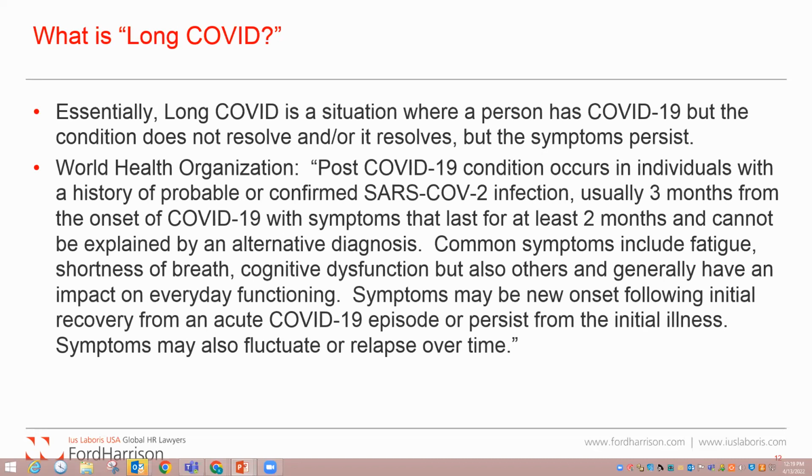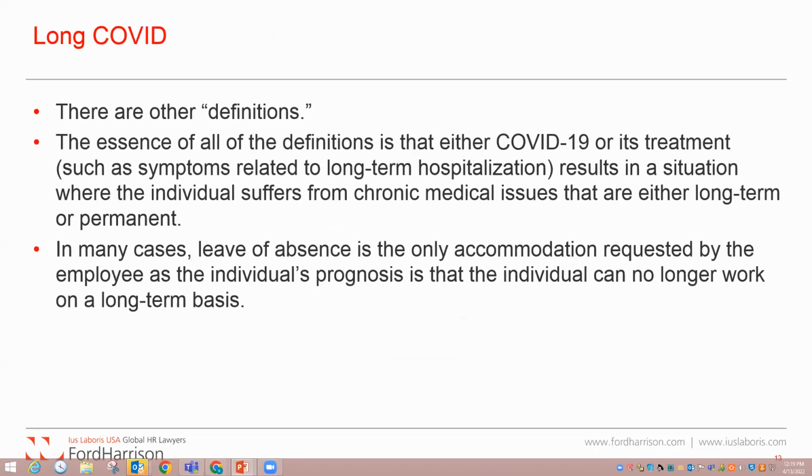And of course, they are going to affect the major life activities of breathing, mobility, and things along those lines. So it can be an ADA. And there are some other, quote, definitions of long COVID, but essentially it's going to be where the person having the COVID is resulting in a long-term or even a chronic / permanent medical condition that is of significance.